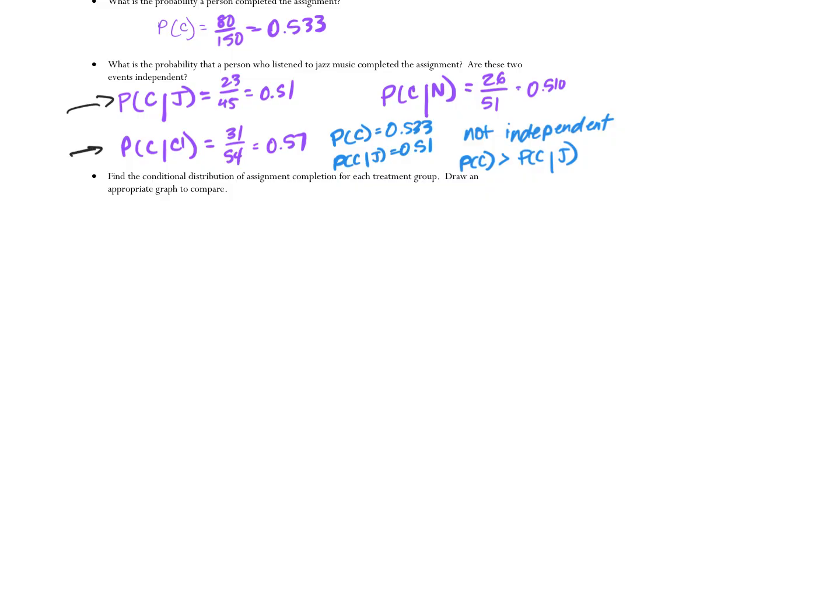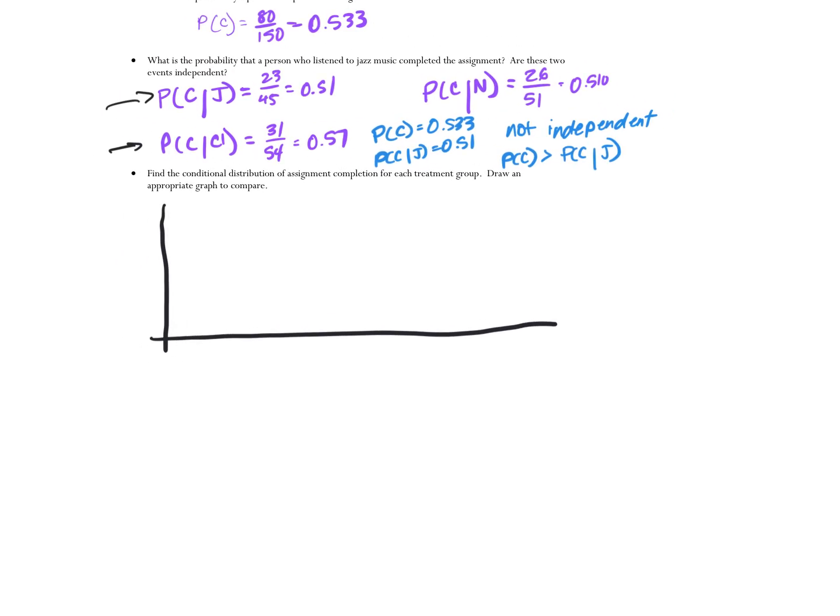The last thing I asked you guys to do here is, after finding that conditional distribution, which we kind of did, the next thing we're going to do is draw an appropriate graph to compare. The appropriate graph I would use to compare here is a segmented bar graph. I have 3 different treatment groups, so we're going to have a bar for jazz, a bar for classical, and a bar for no music.